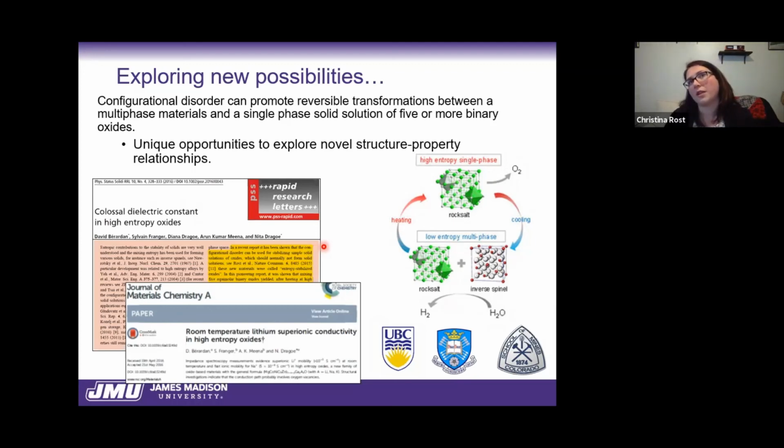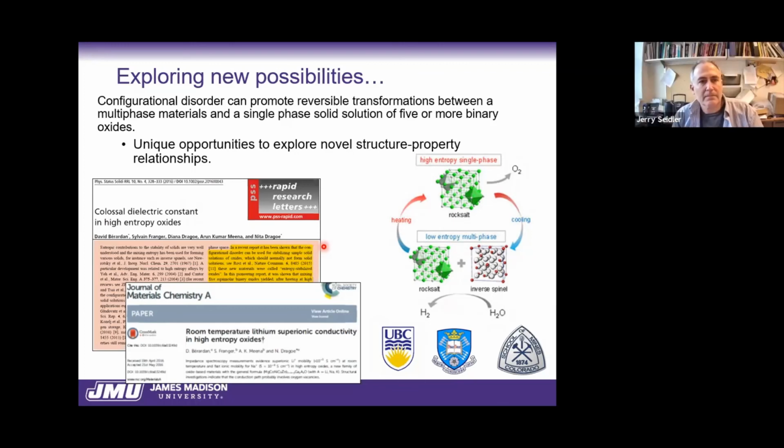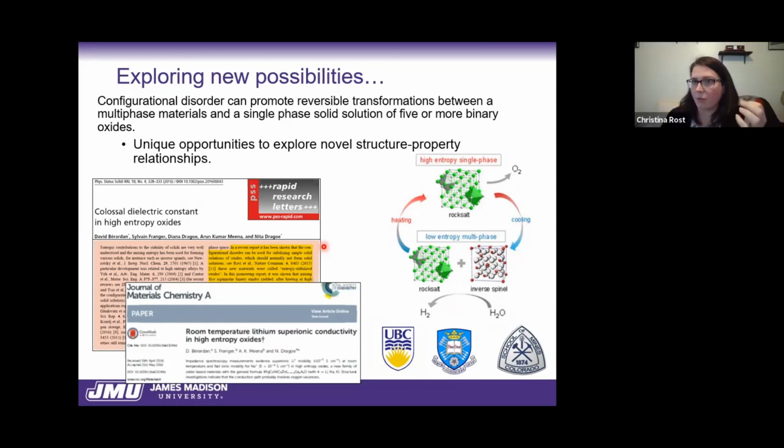And now we're starting to explore some more complex thin film structures like pyrochlores, fluorite structures, things of that nature, and more elements up to 10 plus cations in a system to try and determine not only to bring up a structure property database for something this complex, but to also understand what it really means to be entropically stabilized and how we can exploit that and tune structure property relationships based on entropy stabilization.